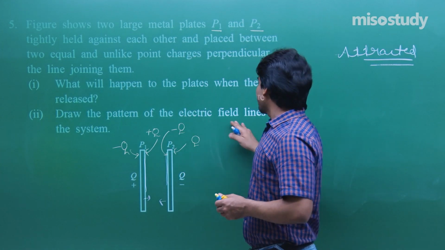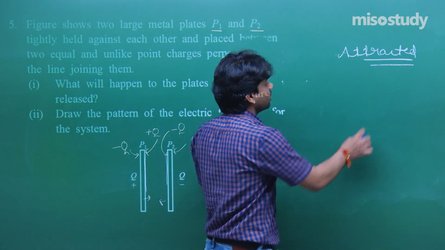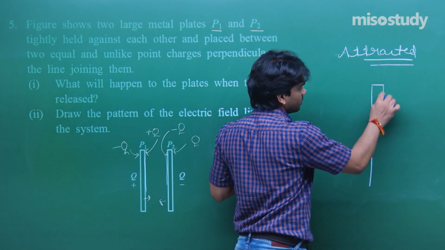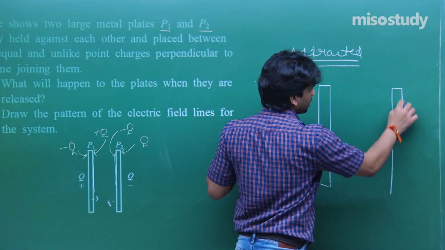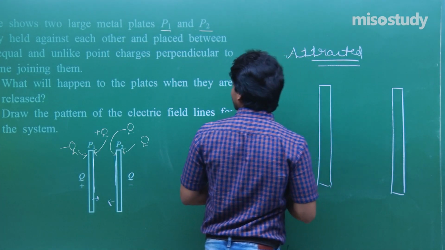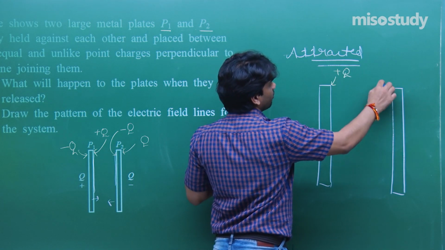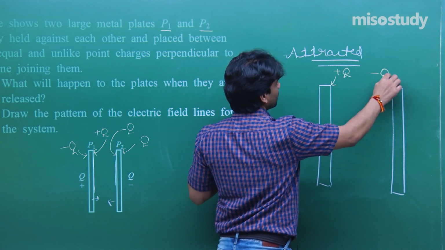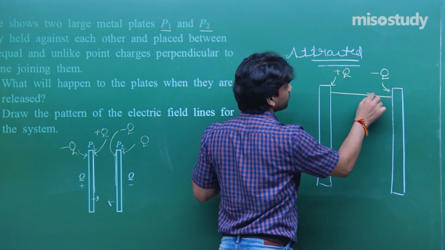Draw the pattern of the electric field lines for the system. If I have to draw the pattern of the field lines, it's not too tough for us to draw this. I am drawing the two plates. Charges, you have already understood how it has appeared. Plus q is here, and here we have minus q. And now let me draw the field lines in between them.